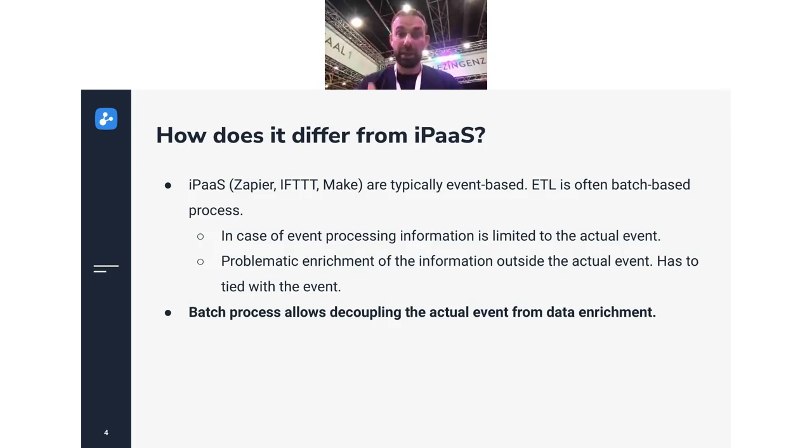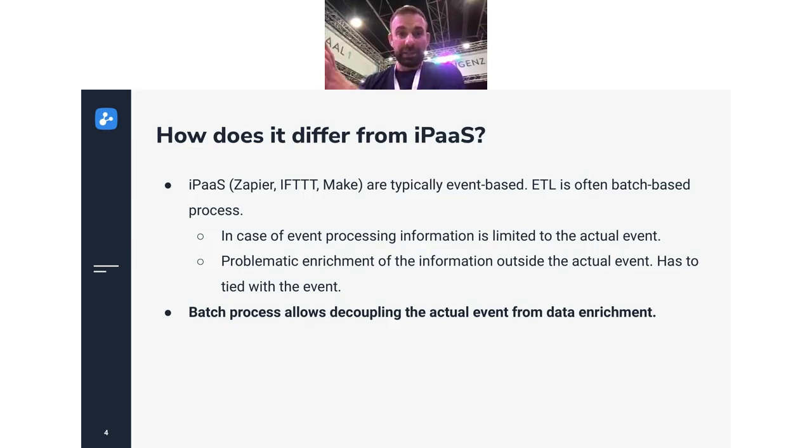So you would get the whole batch. You would push it to the data warehouse, and in the data warehouse, as a separate process, you can enrich the data with data about customers, payment methods, or anything else that you need. And then once you are ready, you can push the data to the operational system.